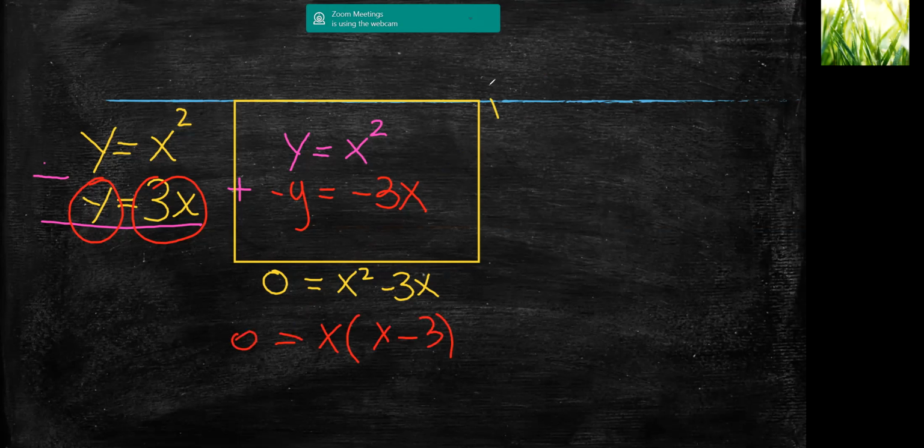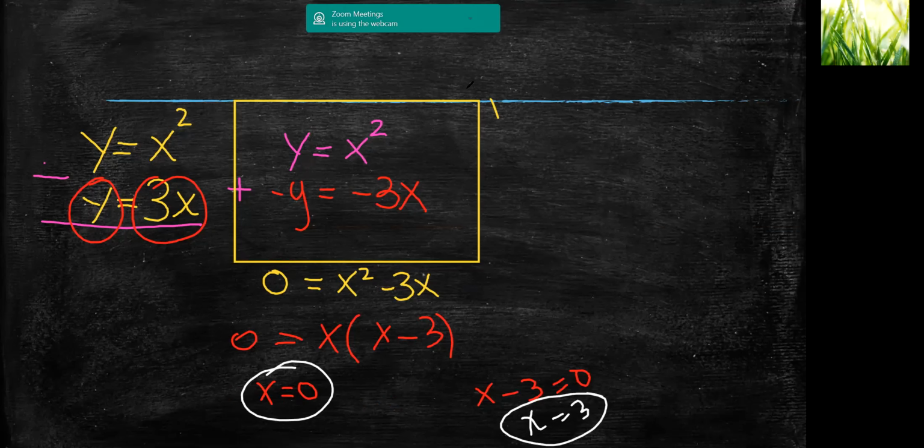Then if two numbers multiplied equal 0, one of them will be 0. So x could be 0, and x minus 3 equals 0, so x equals 3. So for x, I have 0 and I have 3.